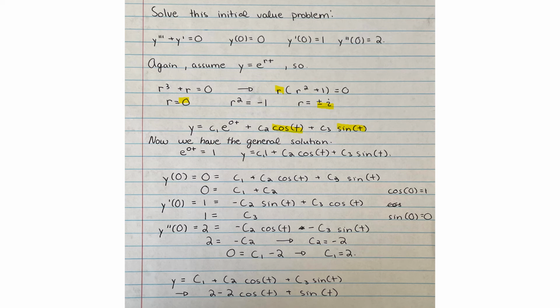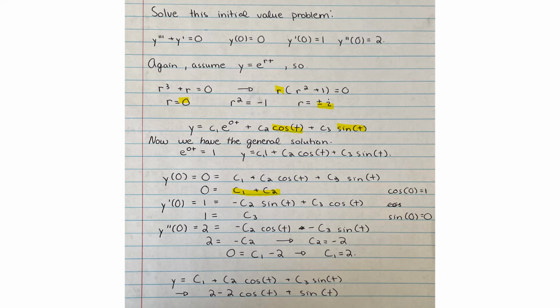Using the initial conditions we were given at the start of the problem, now we can solve for the coefficients in this problem. And so we start off with y(0) is equal to 0. And we can't really tell anything right now because the only thing we've gotten rid of is the C3 because sine 0 is equal to 0.